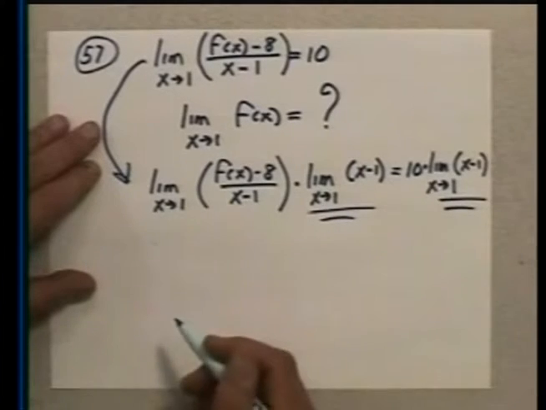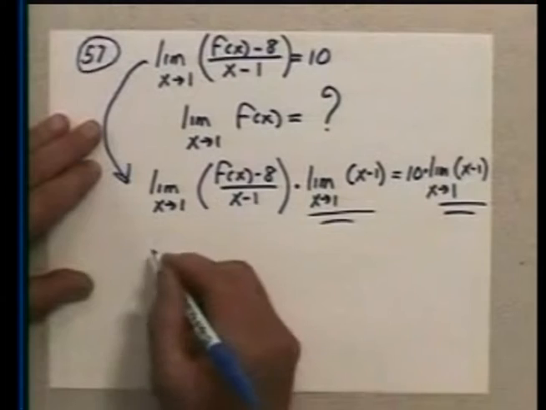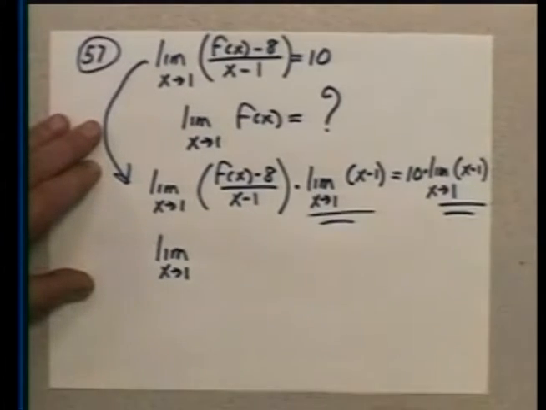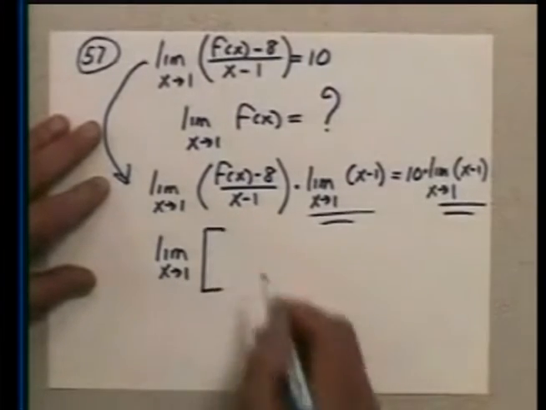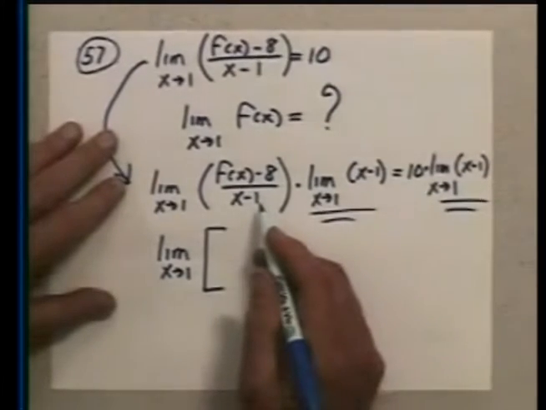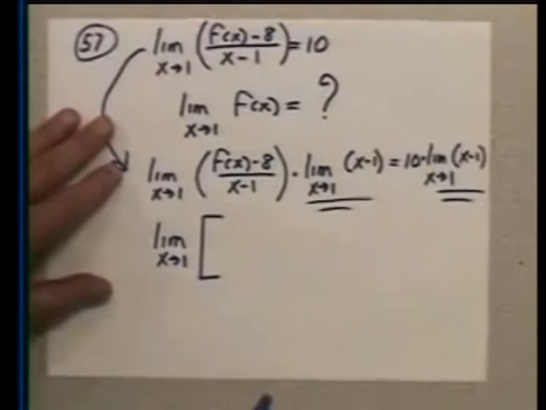Because I have a property that says if you take a limit times a limit, you can write it as a single limit. Now, normally we do it the other direction, but what would it be the limit of if I wrote this as a single limit on the left?